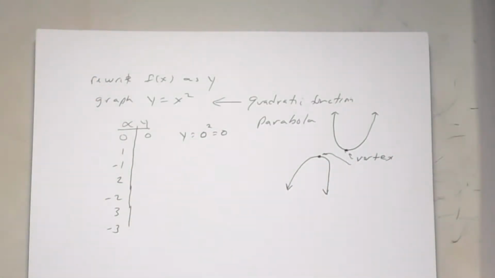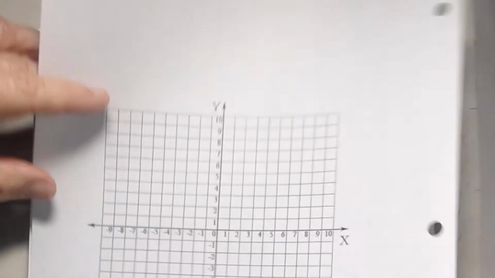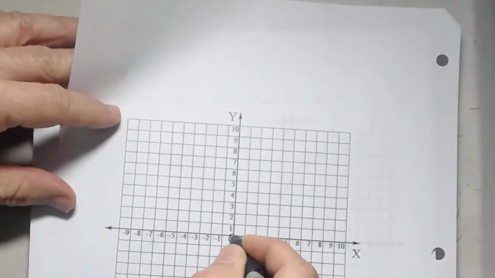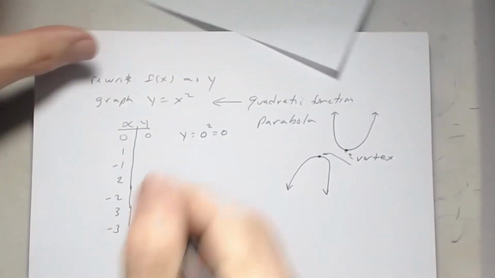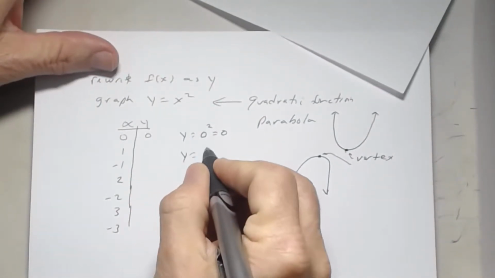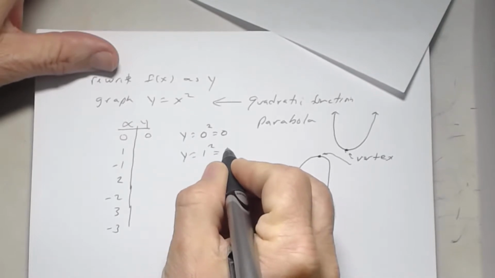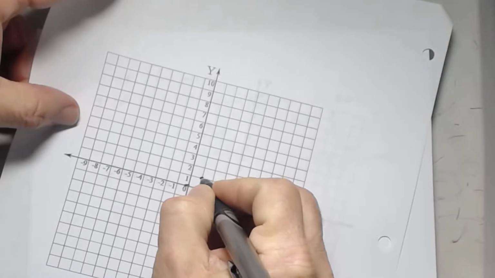So on your grid, you just go ahead and plot that point, which is the origin. Okay. Then when x is 1, I'm going to say y equals 1 squared, which is what? 1. So I'll plot the point 1, 1, which is here.